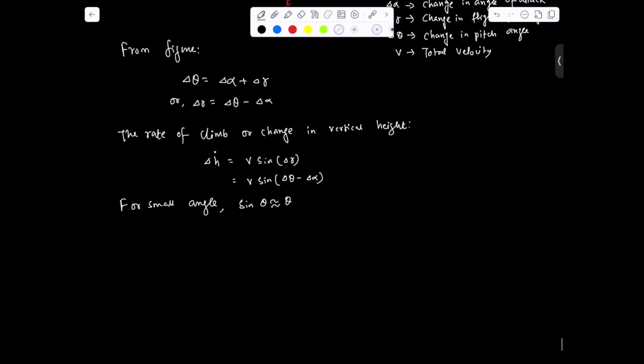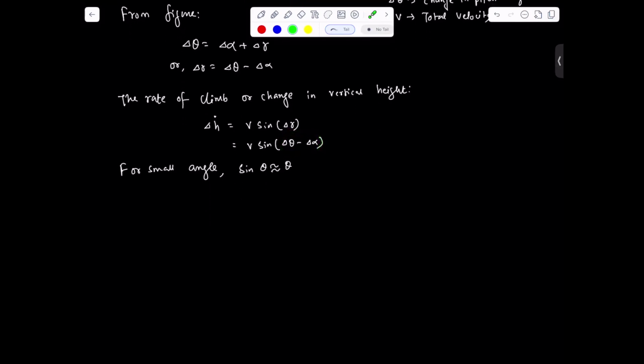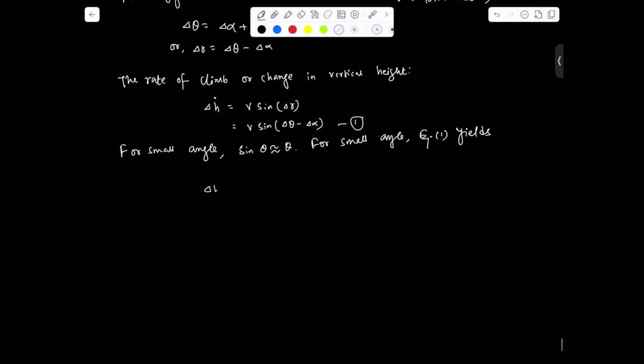So in that condition, if you assume this angle is very small, then we can write, let us define this as equation number 1, for small angle equation 1 yields del H dot equal to V into del theta minus del alpha.